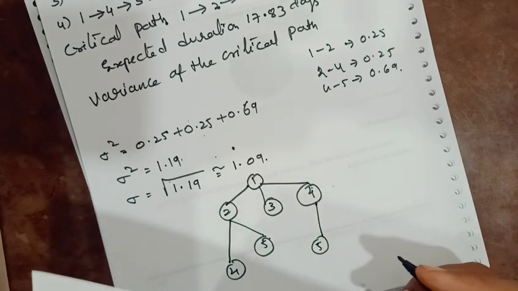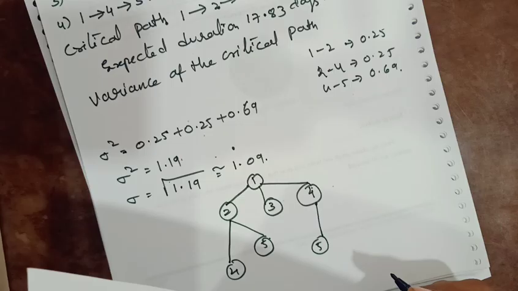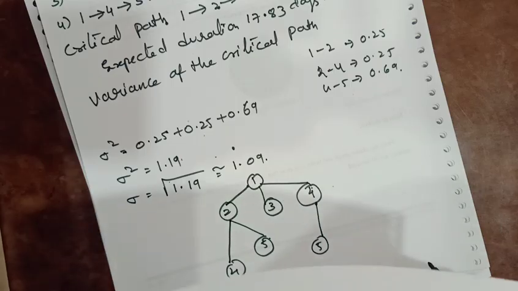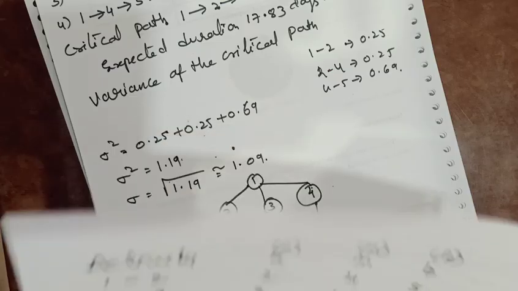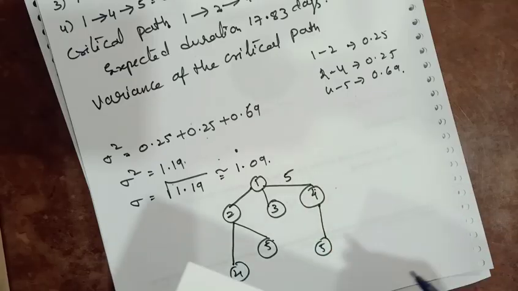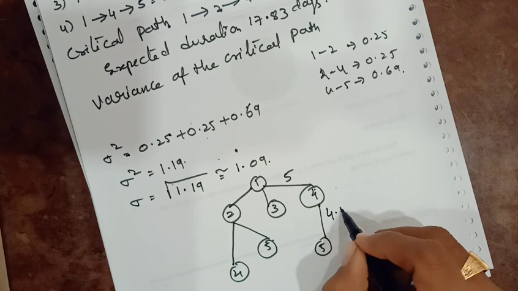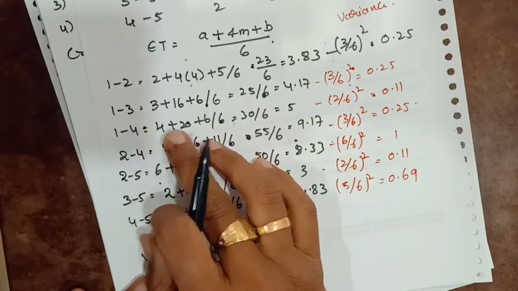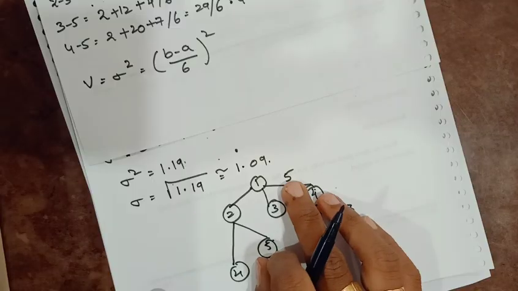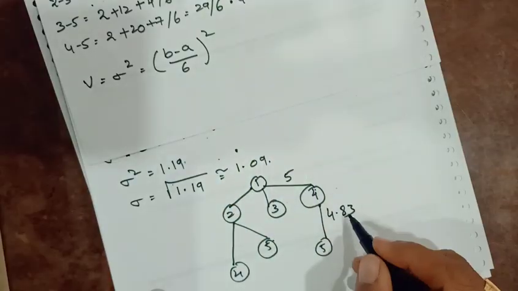Now for 1 to 4, the expected time is 5, and for 4 to 5 it is 4.83. So here I have taken the 5. The expected time for 4 to 5 is 4.83.